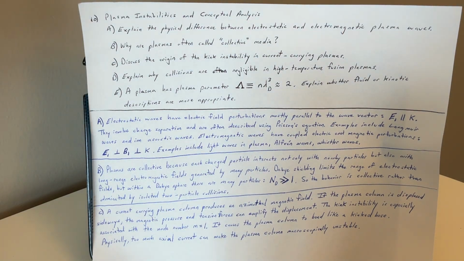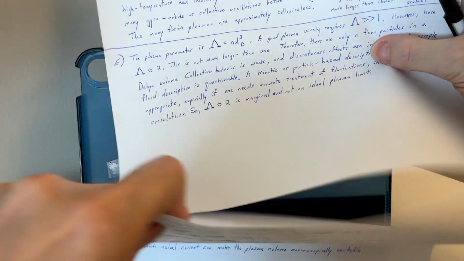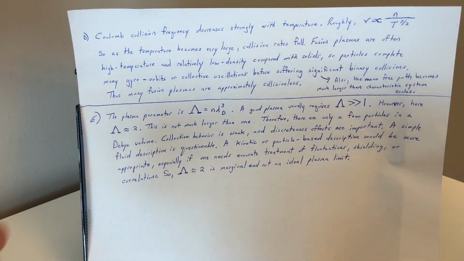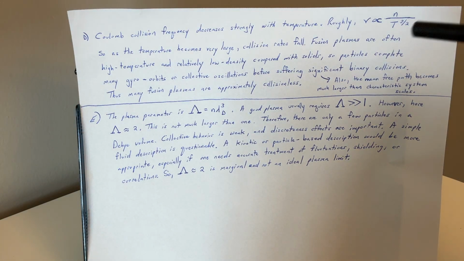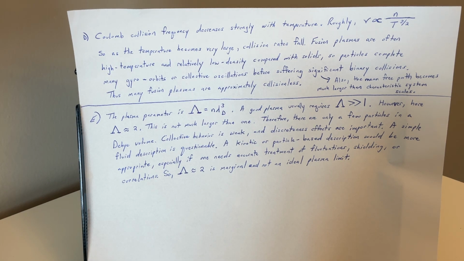D, explain why collisions are often negligible in high temperature fusion plasmas. Okay, so for letter D, we could say Coulomb collision frequency decreases strongly with temperature. Roughly, we have that nu is proportional to n over T to the 3/2. So as the temperature becomes very large, collision rates fall.